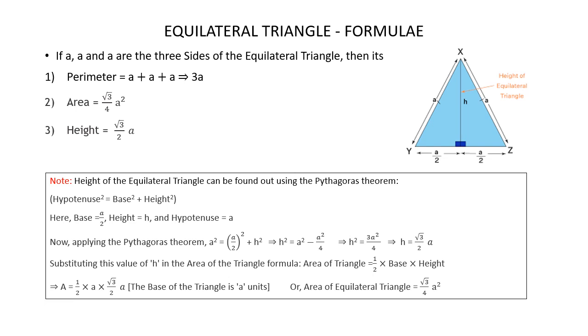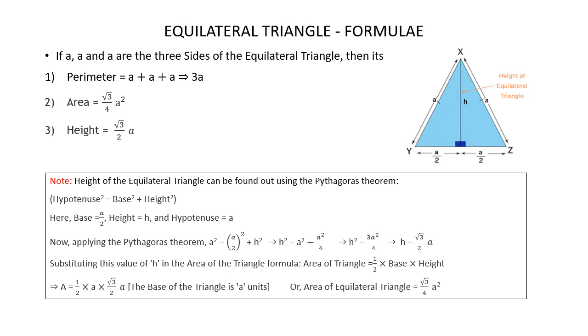Now, height of the equilateral triangle can be found out using the Pythagoras theorem, which states that hypotenuse squared is equal to base squared plus height squared. Now, if you consider this right angle triangle, then here the base would be a by 2. The height would be h and the hypotenuse would be a.